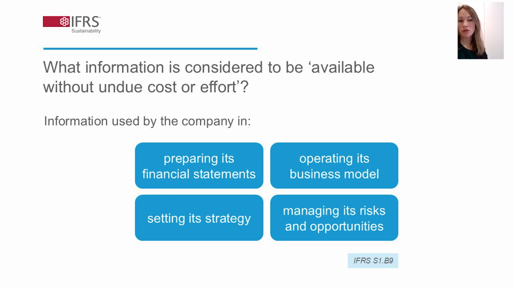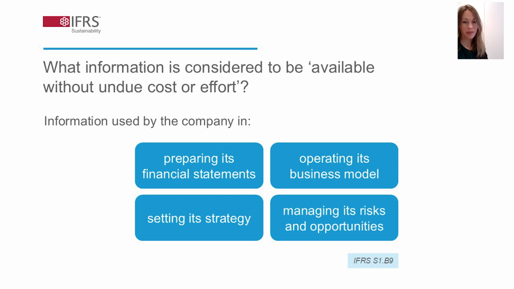With regards to undue cost or effort, it is useful to understand what information is considered to be available to a company without undue cost or effort. ISSB standards state that the following information is considered to be available without undue cost or effort: information used in preparing its financial statements, or information used in operating its business model, or information used in setting its strategy, or used in managing its risks and opportunities.